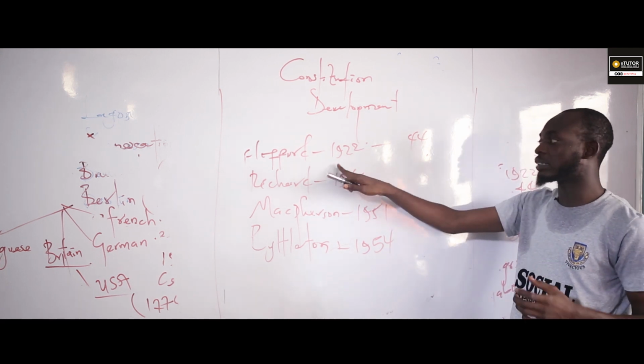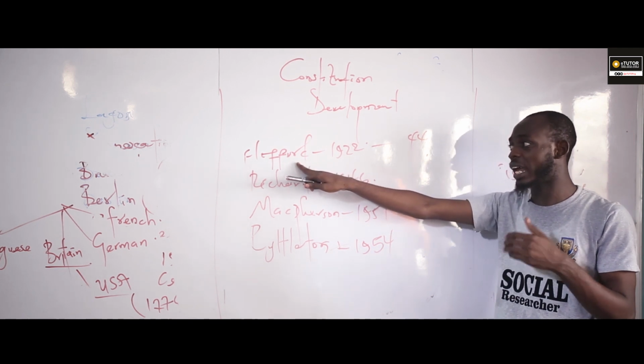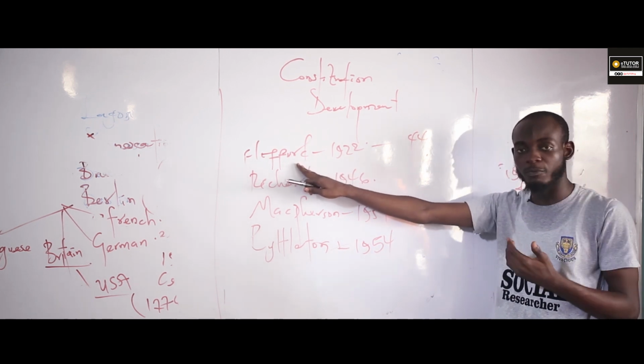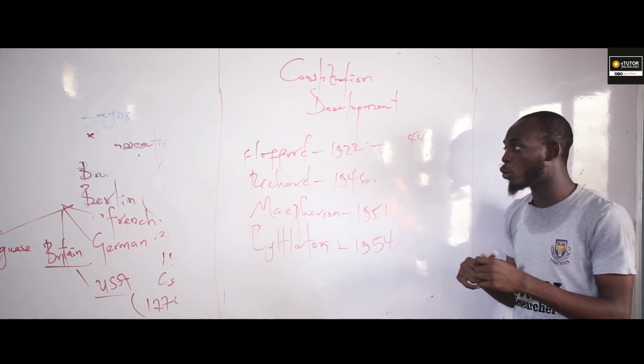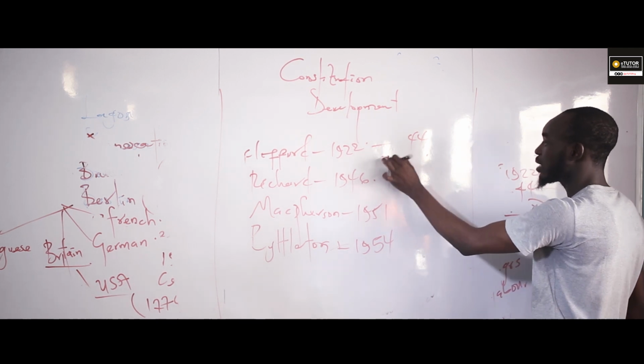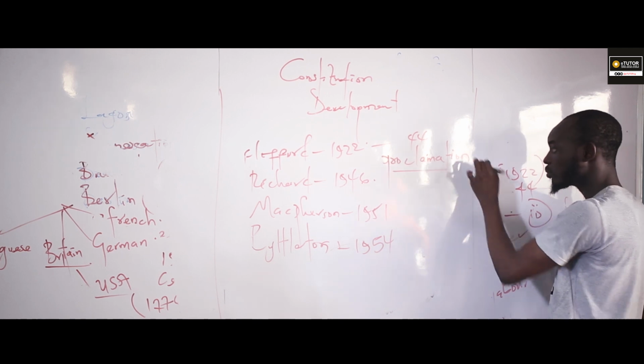Based on that, another essential characteristic under the Clifford Constitution, like I made mention of, is the elective principle. That's the most essential characteristic. After the elective principle, we have the North being governed by the use of proclamation.